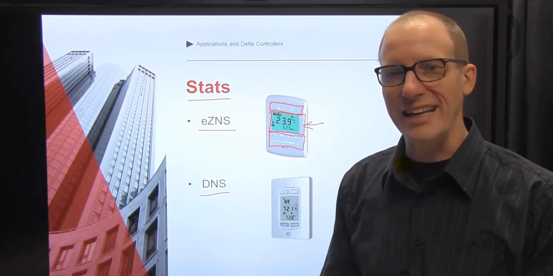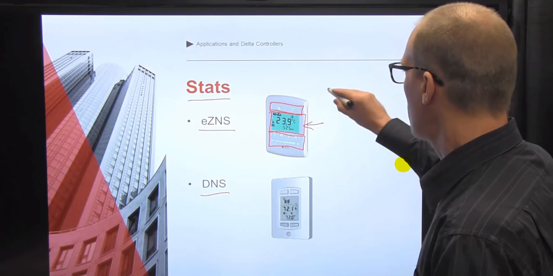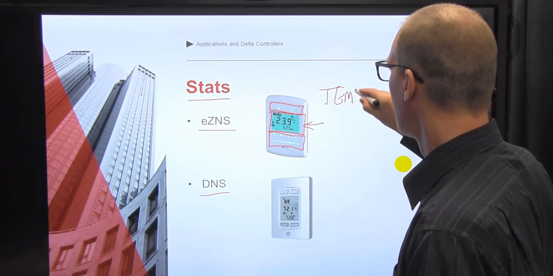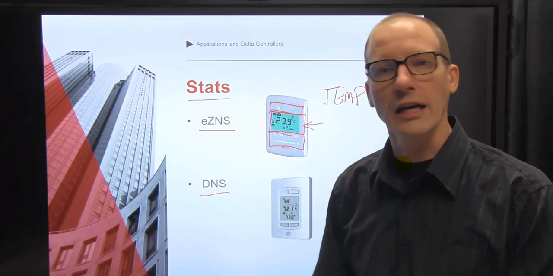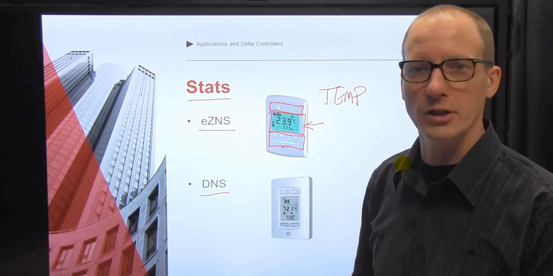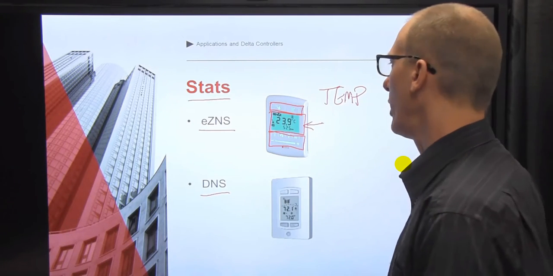In terms of sensors, naturally it has temperature. It goes without saying, if you're going to do space temperature measurement, you better have a temperature sensor on board. So they all have that.